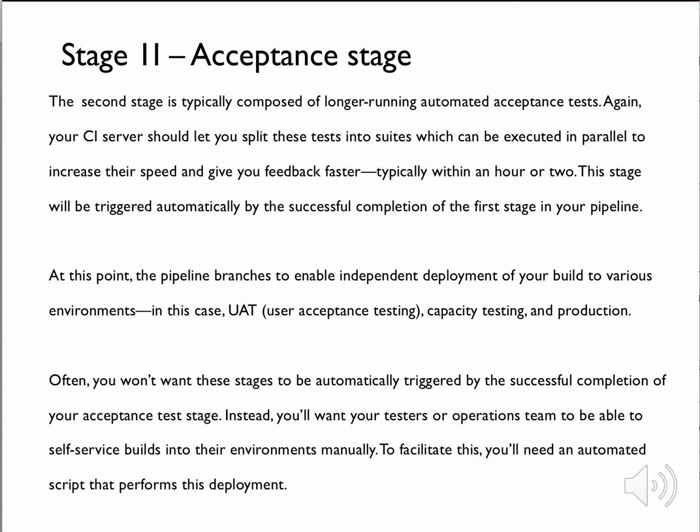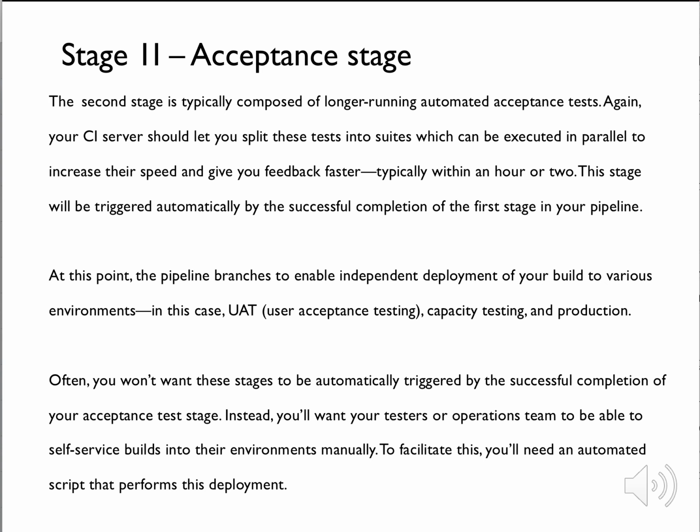Often you won't want these stages to be automatically triggered by the successful completion of your acceptance test stage. You don't want to go into production purely through the automated test stage. Rather, you want some manual intervention in between. Your manual testers or operations team come into the picture to self-serve builds into the environment manually.